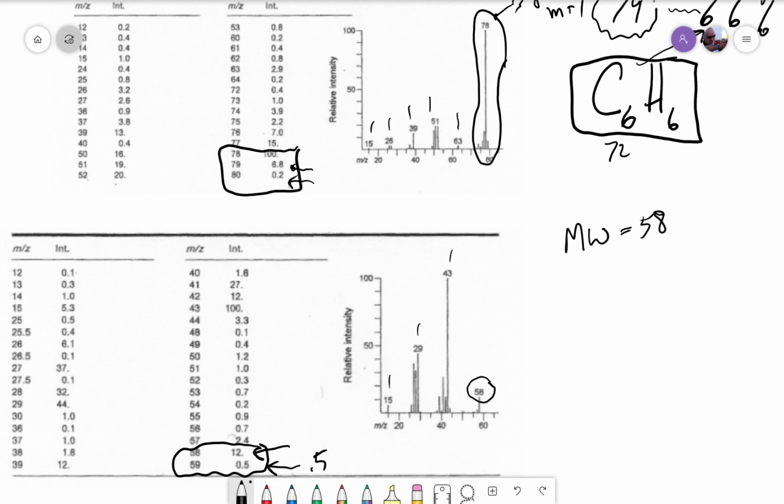We can even look at the isotopes of fragments. For example, we might know that the isotope of this fragment at mass 43 is 3.3%. That means that this fragment probably contains 3 carbons.